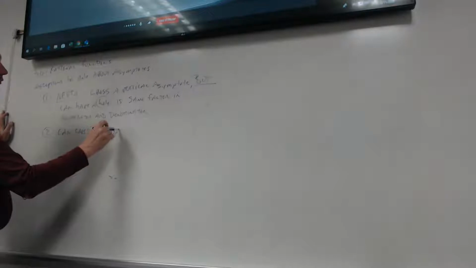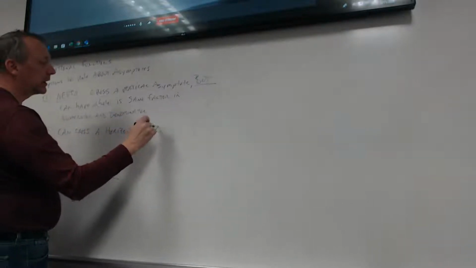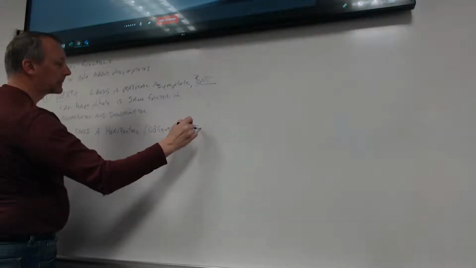The other rule is you can cross a horizontal or an oblique asymptote. Okay? And maybe instead of can cross, it's possible. It's possible to cross a horizontal or an oblique asymptote.